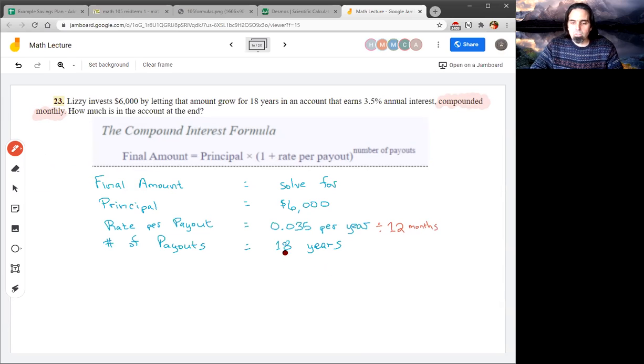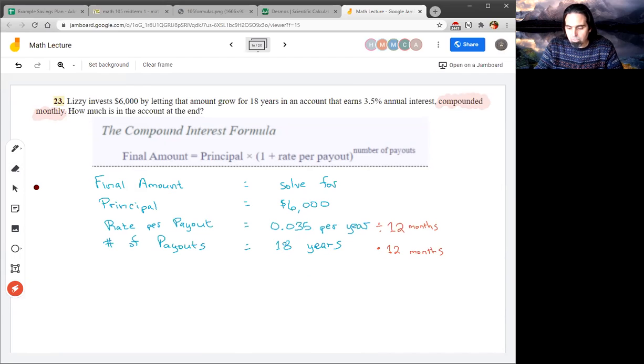And we get more than 18 payouts because every year we get 12 of them. If it was compounded weekly, these would be 52s. If it was compounded quarterly, these would be 4s. It's all how often you have to share the interest rate and how many times you get copies per year of a payout.